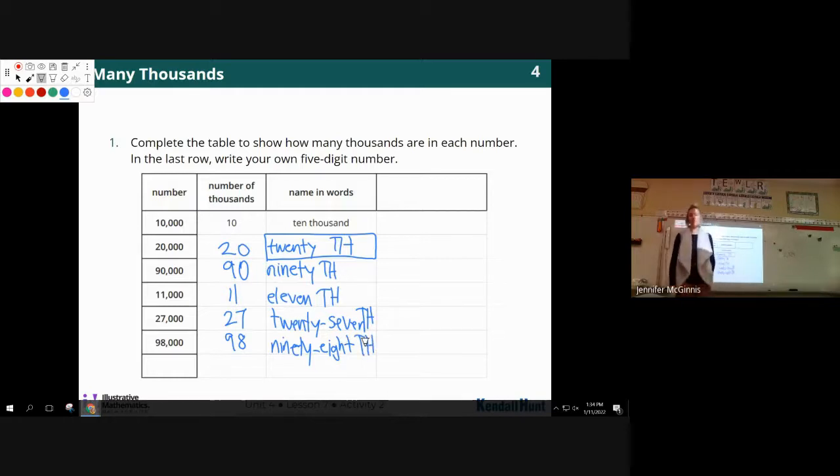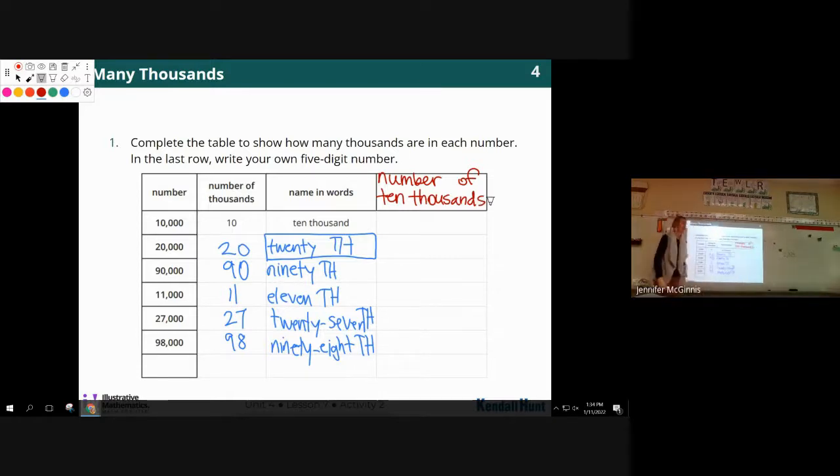Those here in person, do you agree with the online thoughts? Yes. Good. Now, what we're going to write over here is number of 10,000s.